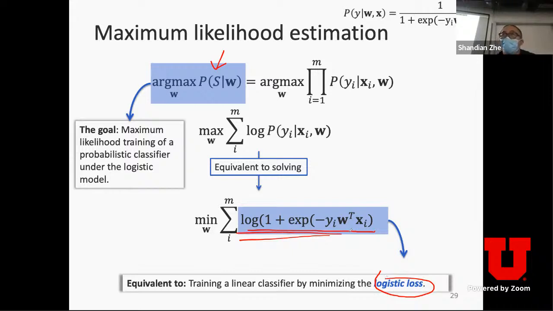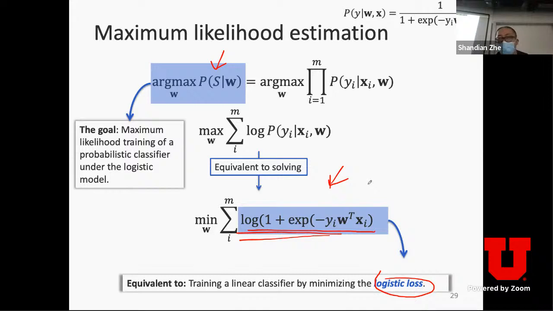This is a loss function, defined in this way. You can define any loss function as long as it can well reflect your belief about how well your prediction would fit the training data. This is one way to define that.